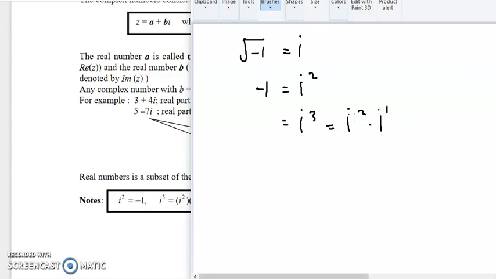So i squared here is negative 1, and i to the power of 1 is multiplied by the i. So therefore you will have negative i there. So you will have this for the i cubed here.